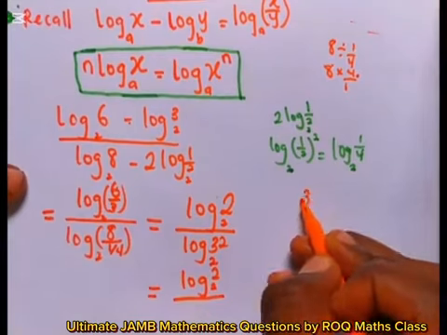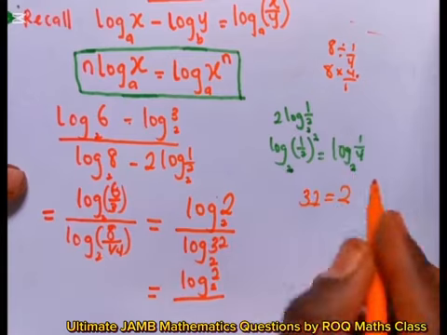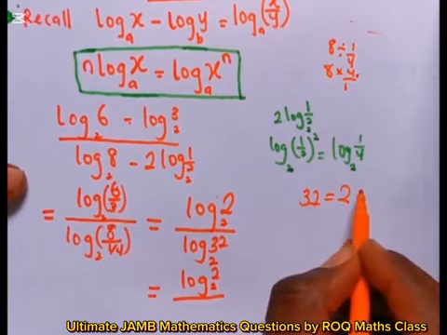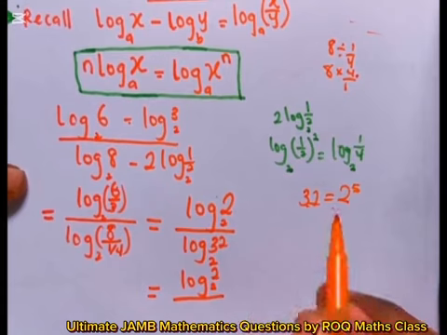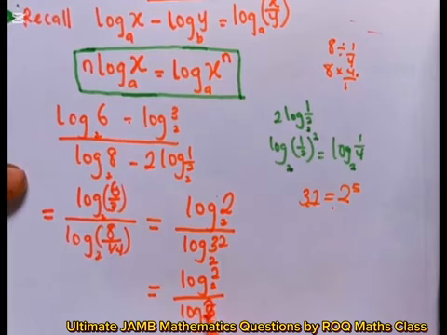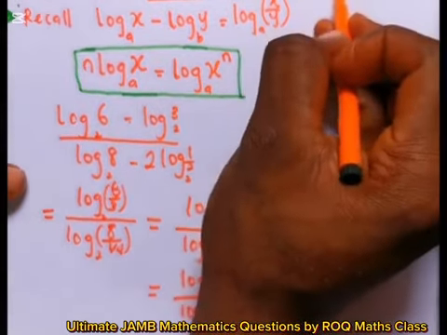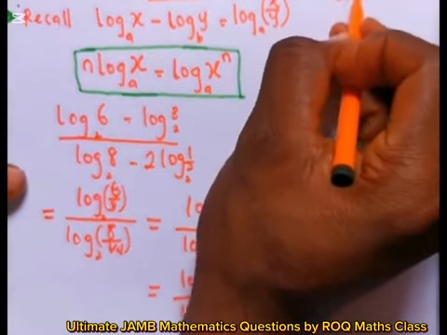Now our 32 is the same thing as 2 to the power of 5. 2 to the power of 5 is the same thing as 32. So I have the log of 2 to the power of 5 base 2. And from here, whenever I have the log of a base a, it is equal to 1.